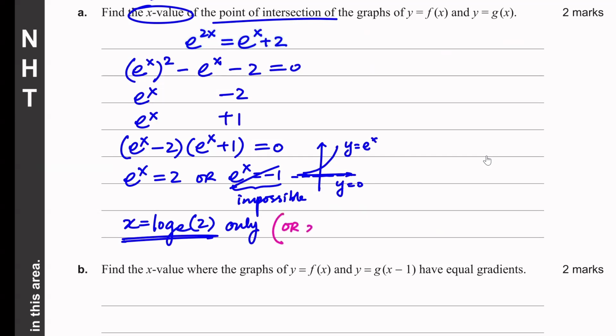If you write ln of 2, that is fine because ln is a conventional notation for log base e. But if you write log 2 without base e, I don't think it's quite right. It's not like chemistry. In chemistry, they do have their convention.